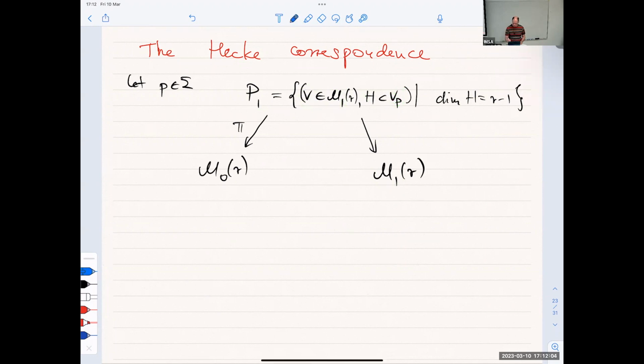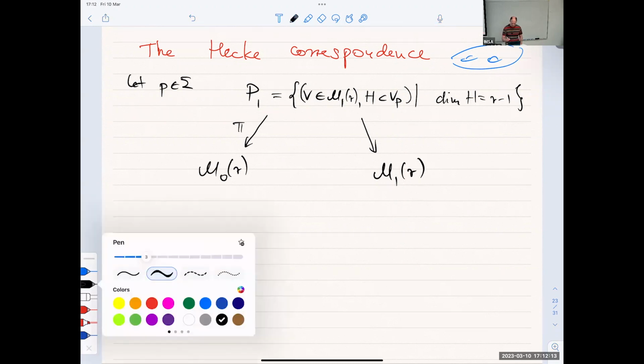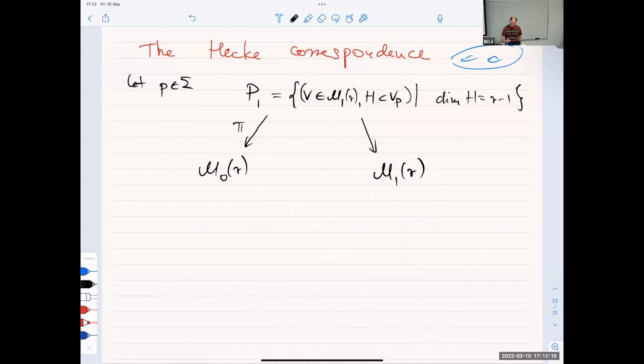So let me do a little picture here. This is the point P, and over the point P you have this bundle, the fiber of the bundle. This is V_P.